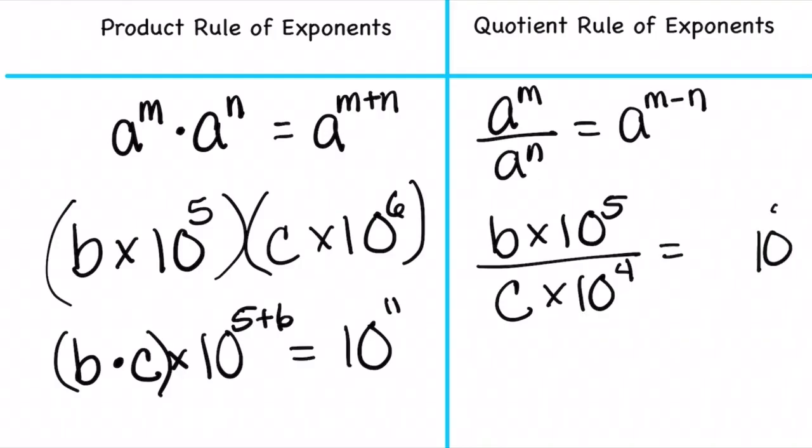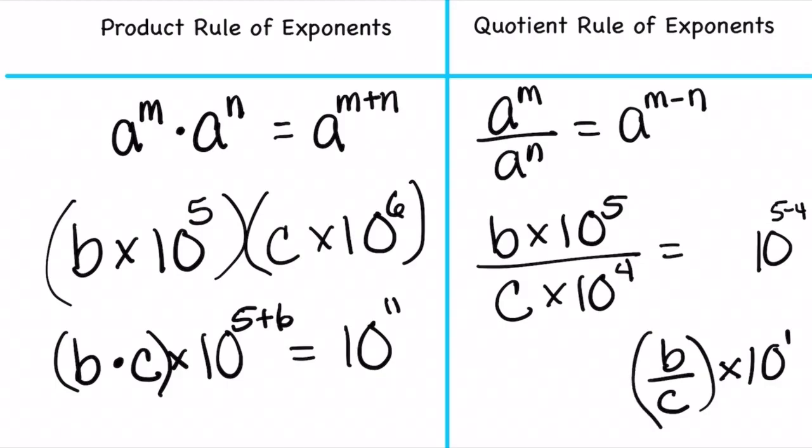So I'm just going to subtract 5 minus 4 to get 10 to the first power. And my two numbers, I am going to divide them, b divided by c, times 10 to the first power. So that's going to be our goal. It doesn't matter which one. We don't have to make a change.